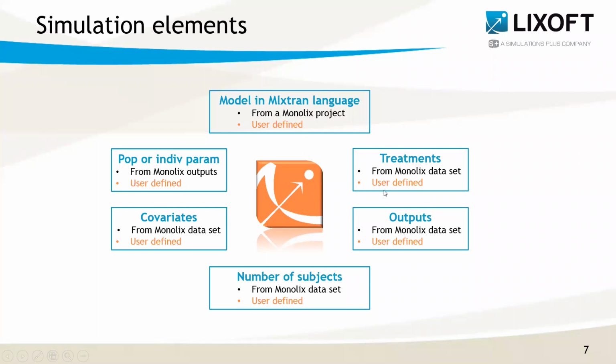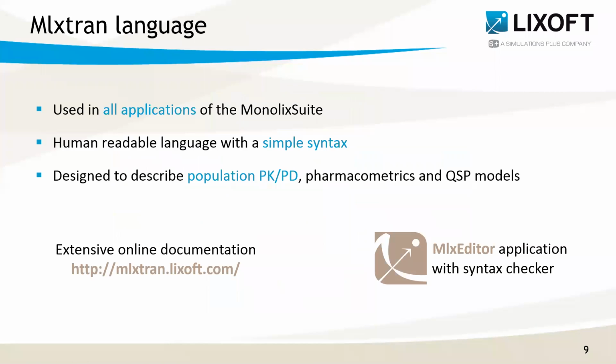For all elements, the graphical user interface really guides you into how to define them, except for the model. So I will put a special emphasis on the model today. To describe the model, we use a dedicated language that is called mlxtran, and that is used in all applications of the Monolix suite.